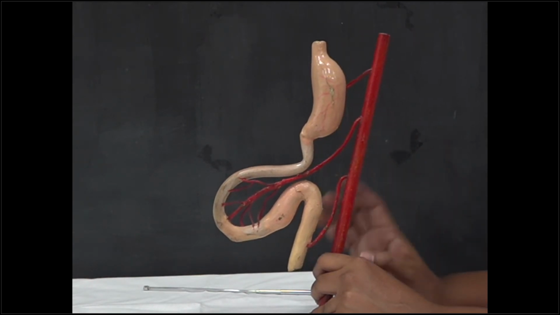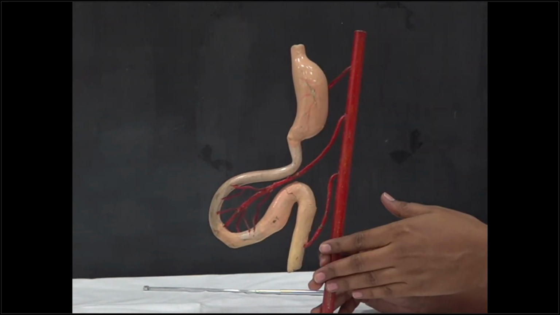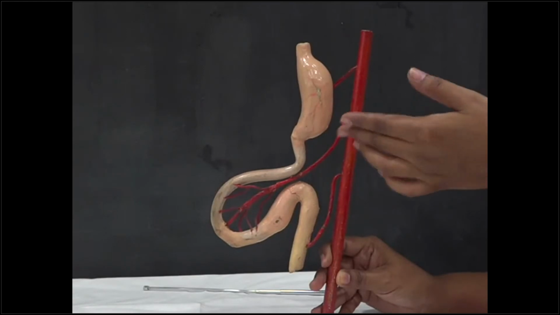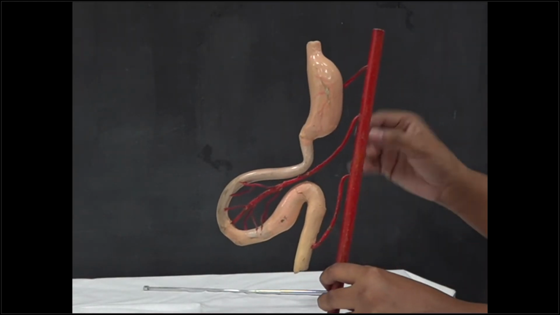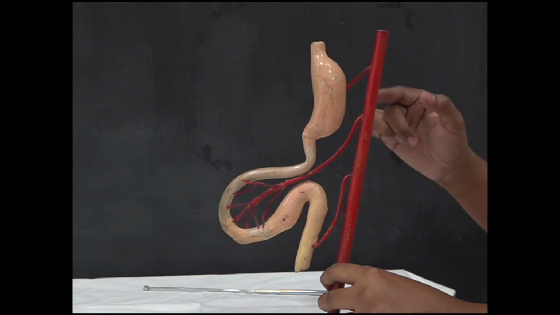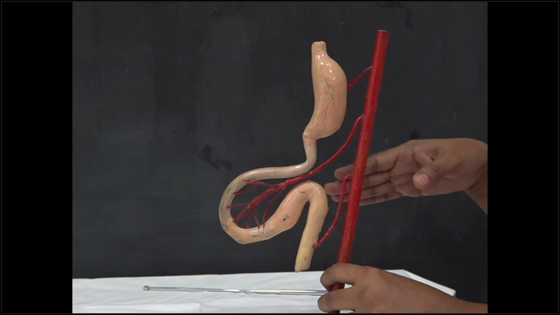Okay. So when you are getting this model in the exam, you may get questions like, first you have to identify what structures are visible. Then you must know the fate of these structures, from foregut, midgut, and hindgut, and then the rotation of the midgut.